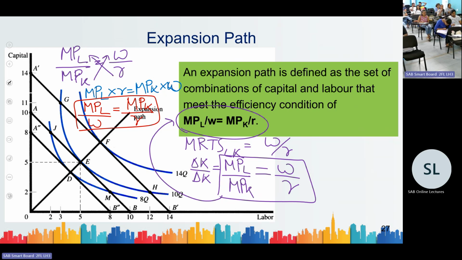The basic equilibrium condition is that the marginal rate of technical substitution of labor for capital equals the input price ratio. The marginal rate of technical substitution of labor for capital is MPL over MPK.